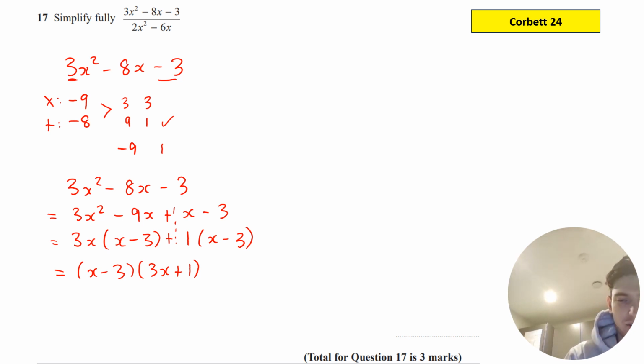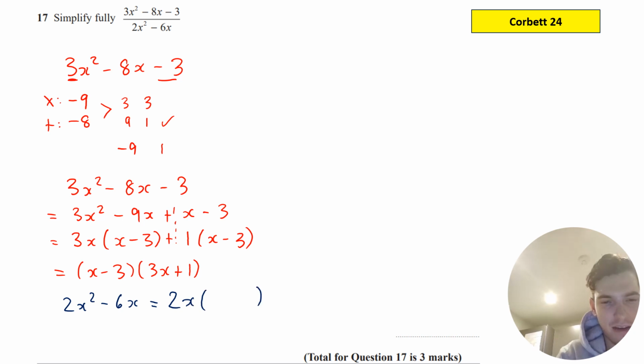And then on the denominator, I've got 2x squared minus 6x. So I think that is linear factorizing. So I can take out a 2, I can also take out an x, and then I've got x minus 3.